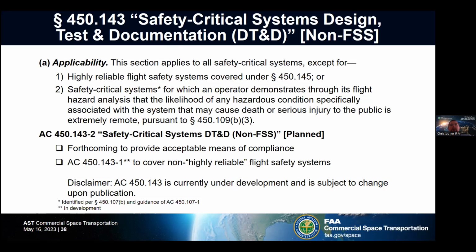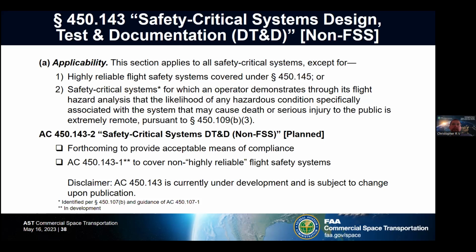In other words, if a safety critical system is identified, as we discussed last Thursday via 450.107 or via additional system safety analyses, that safety critical system must meet 143 unless it is demonstrated that the hazard associated with that safety critical system failure meets the acceptable criteria of extremely remote in 109B3.